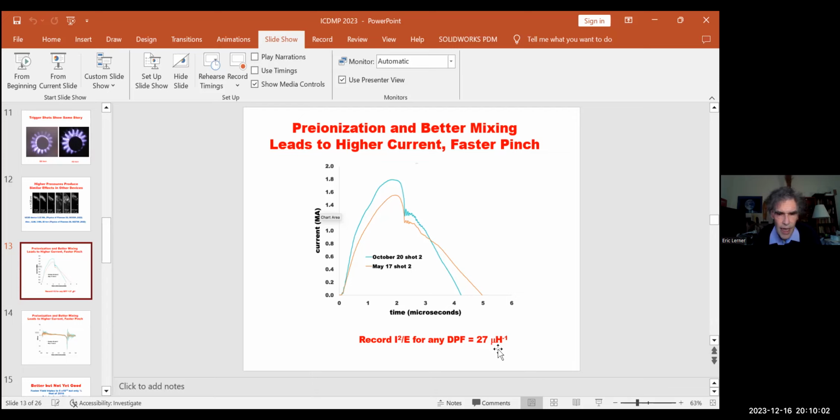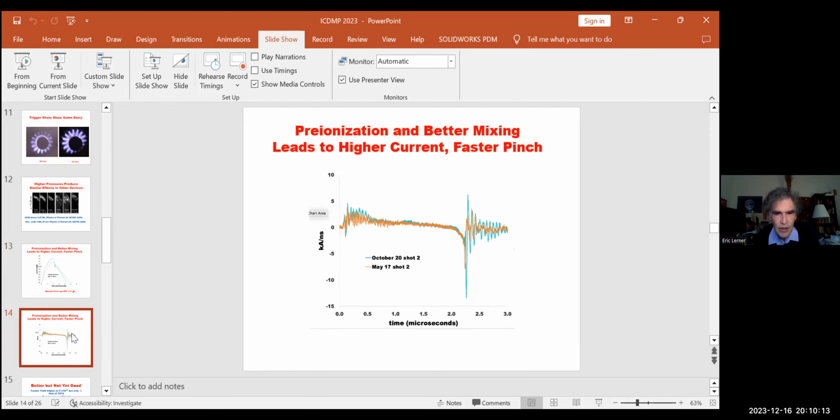So the overall inductance at the pinch was 37 nanohenries, which, as far as we know, is smaller than any other DPF. And we were able to get back to a very rapid pinch. So in October, we were up to something like 13 kiloamps per nanosecond.